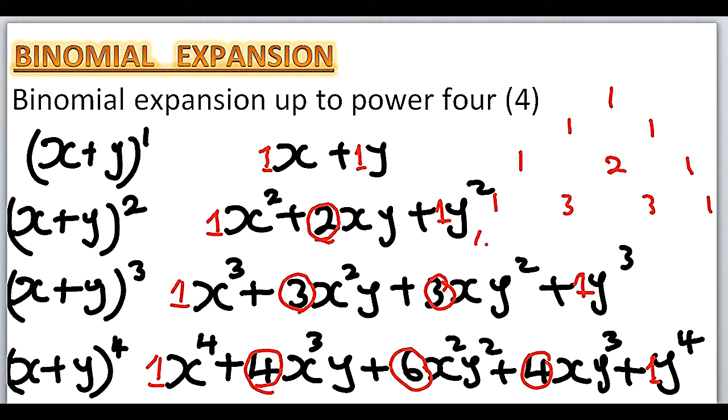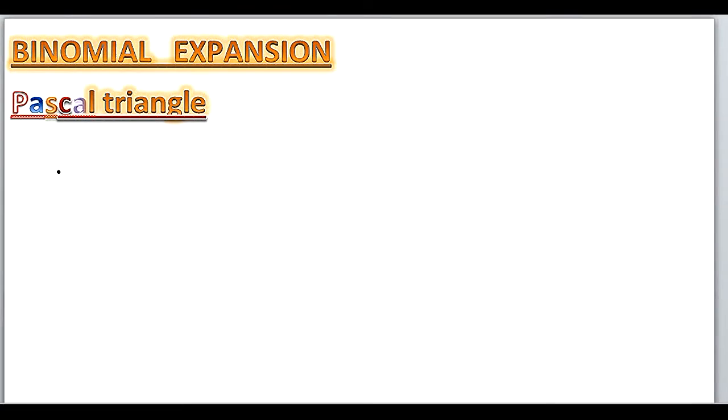Then we have 1, 4, 6, 4, and the last one we have 1. So they form a triangle. These are the coefficients of our terms in our expansion. So we are going to discuss this triangle further and see how it helps us in general expansion of a binomial.